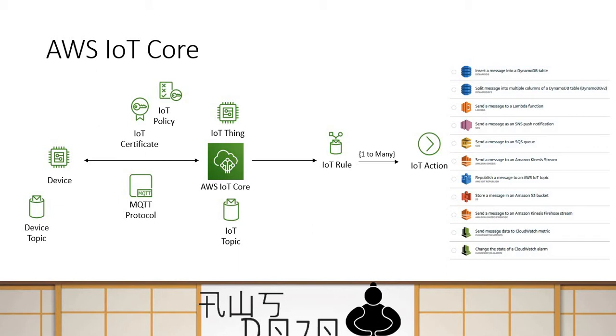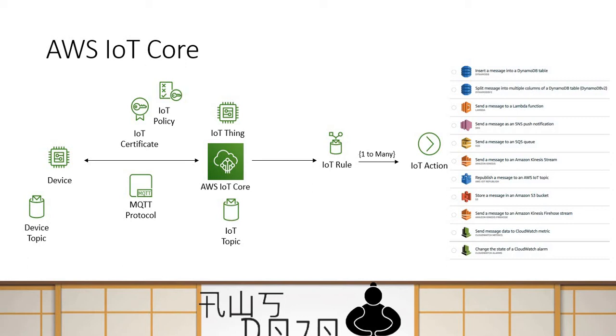Those kinds of rules you can define in an IoT rule. The IoT rule will look into the message, and if an appropriate message has come, it can call one or more actions. An action could be as simple as storing it into a database, making an API call, passing the message to a Lambda function, or putting it into a queue.